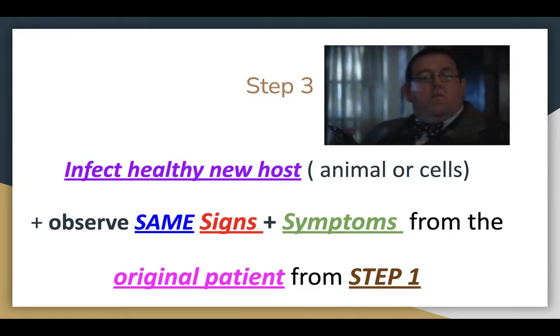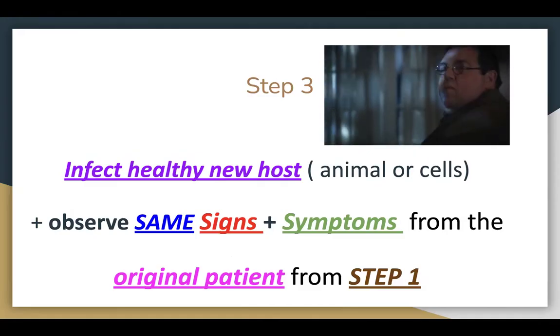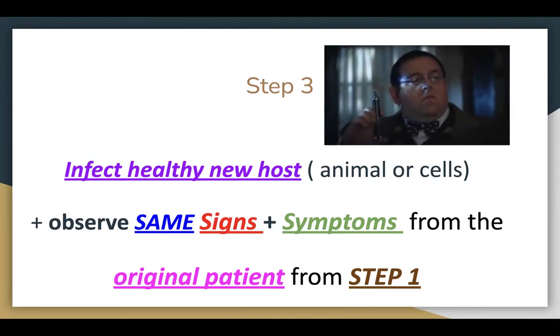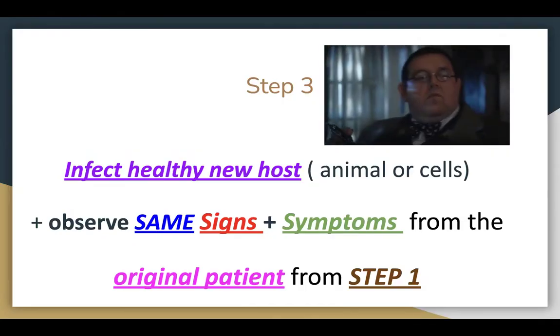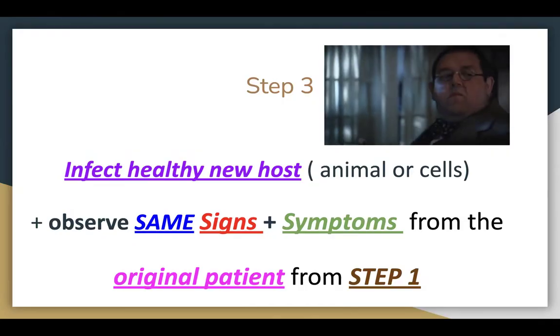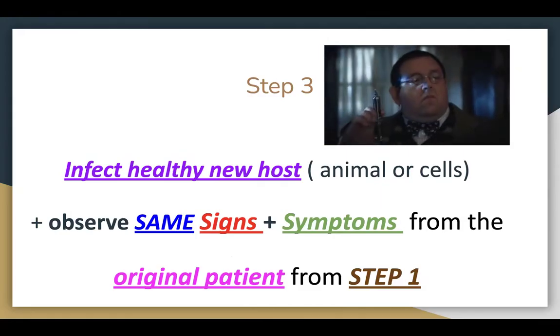The signs could be inflammation and bad breath, and the symptoms could be that the pain was located in my throat and was a dull sensation, and I feel very dizzy and fatigued, that the patient may report. You're going to want to see these in the new healthy host that was infected.